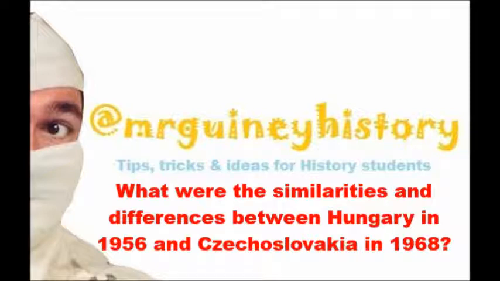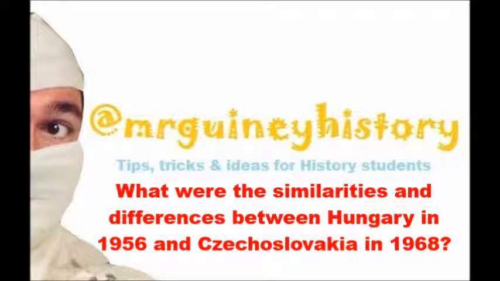In Hungary, people could not wear Western clothes, and there were Soviet troops stationed in the country for which Hungarians had to pay for the privilege of. It was Khrushchev's policy of de-Stalinization and the sense that maybe things were softening that led to the Hungarian Rising.